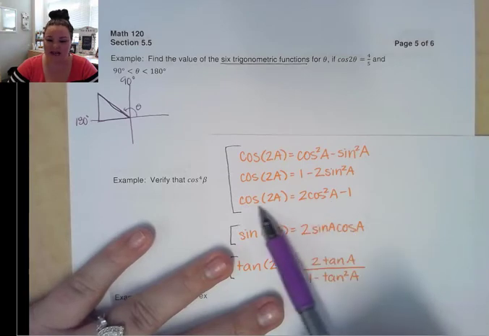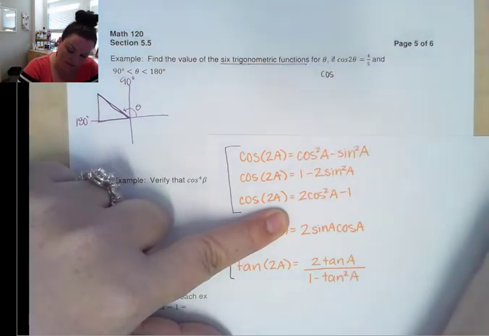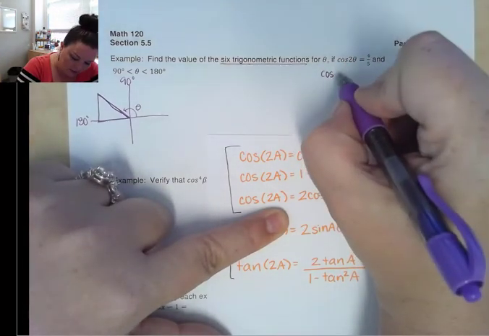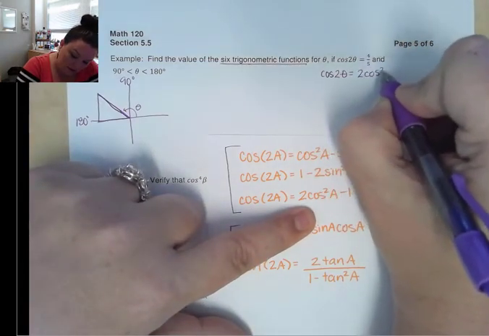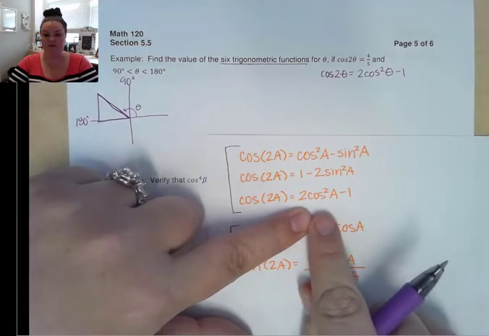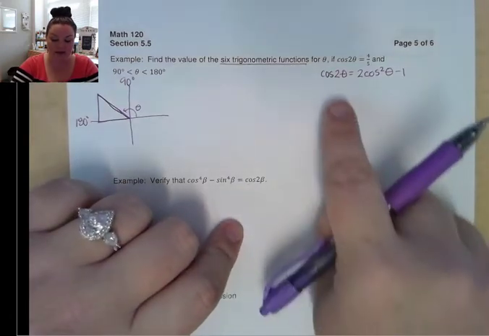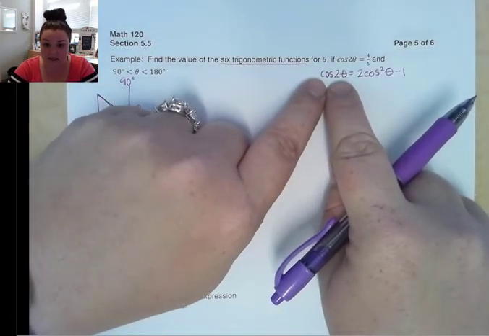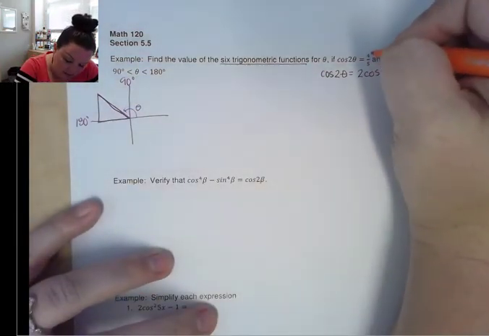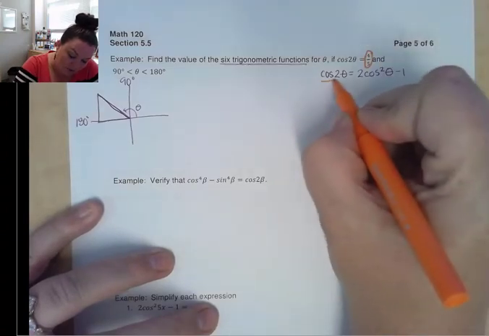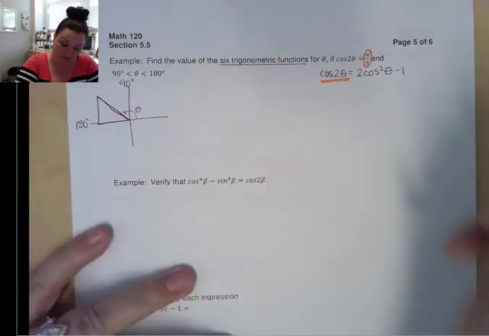So I'm going to use this last one that says that cosine, and I'm going to use theta instead of A, cosine of 2 theta is equal to 2 cosine squared theta minus 1. So all I did was write this formula there because that's the one I'm going to use. And now I can go ahead and plug in what that cosine of 2 theta value is, because that was given. They told me that cosine of 2 theta equals 4/5. So I can go ahead and replace cosine of 2 theta with 4/5.